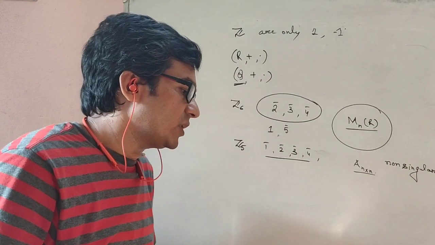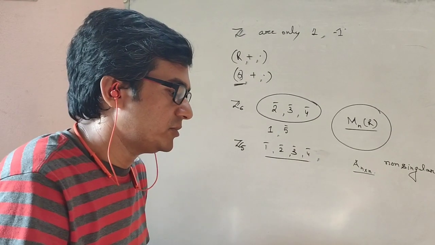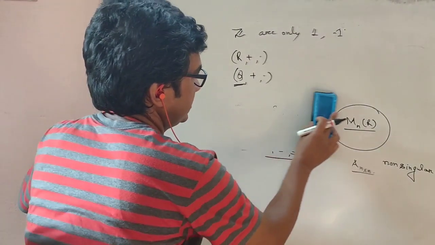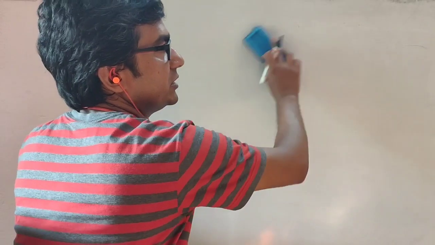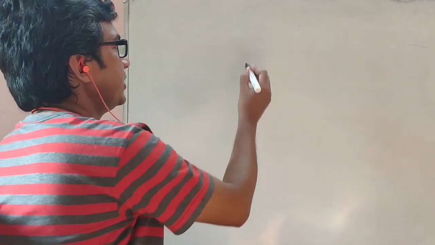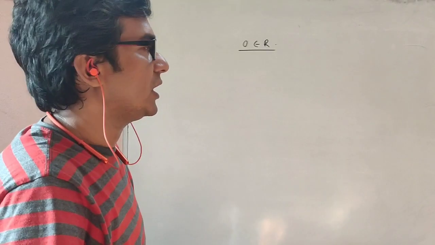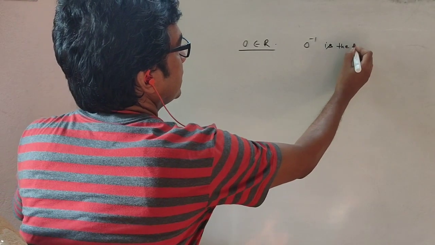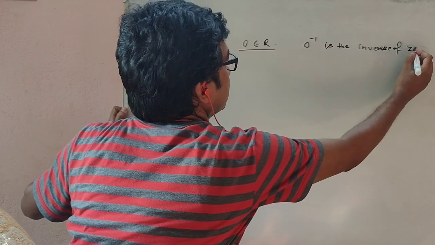Now we take a very easy theorem: the zero element in a ring is not a unit. If possible, let 0 belong to R be the zero element, and 0 inverse be the inverse of 0.